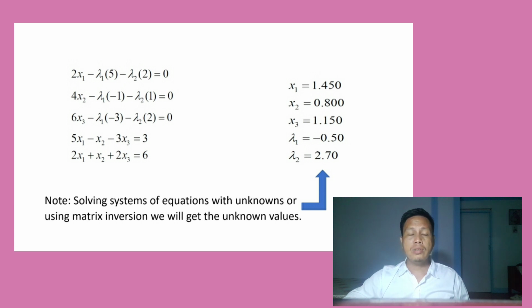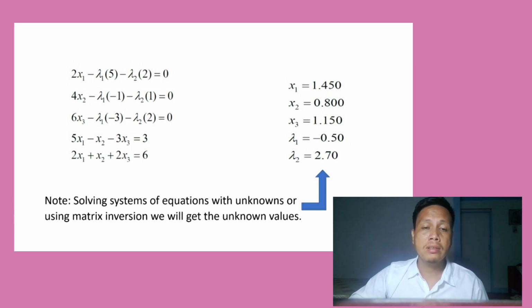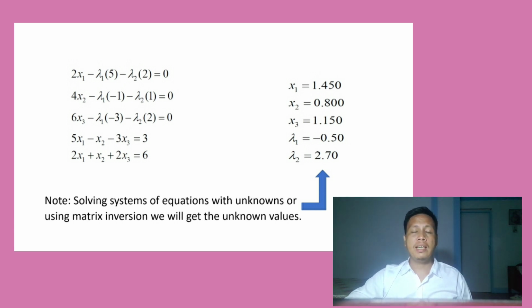So using matrix inversion, like the same with the previous example, you will now get x sub 1 is equal to 1.45, x sub 2 is equal to 0.800, x sub 3 is equal to 1.150, lambda 1 is equal to negative 0.5, and lambda 2 is equal to 2.70.